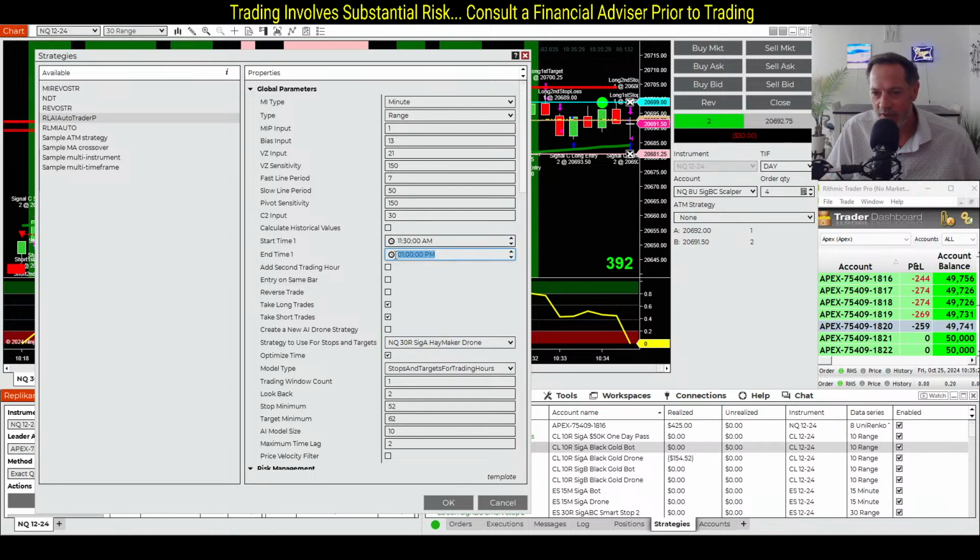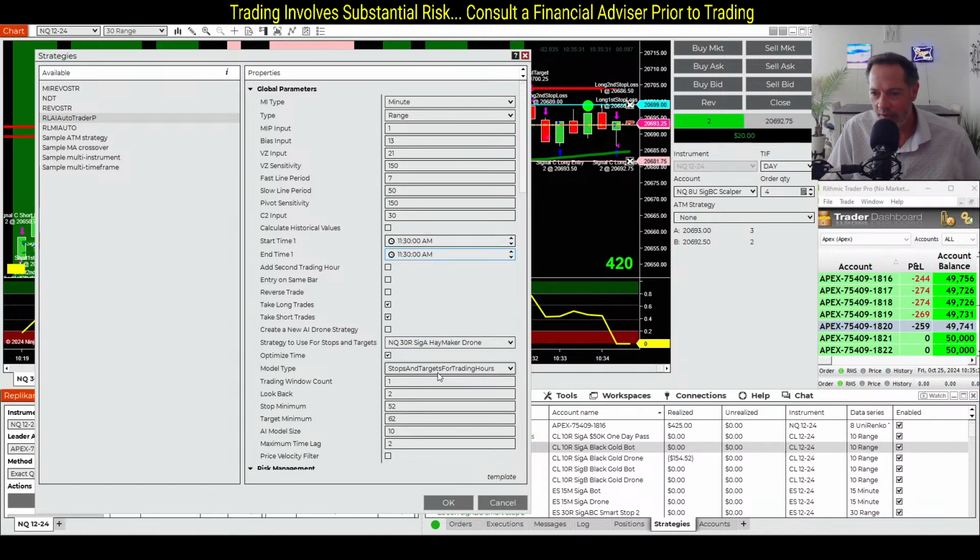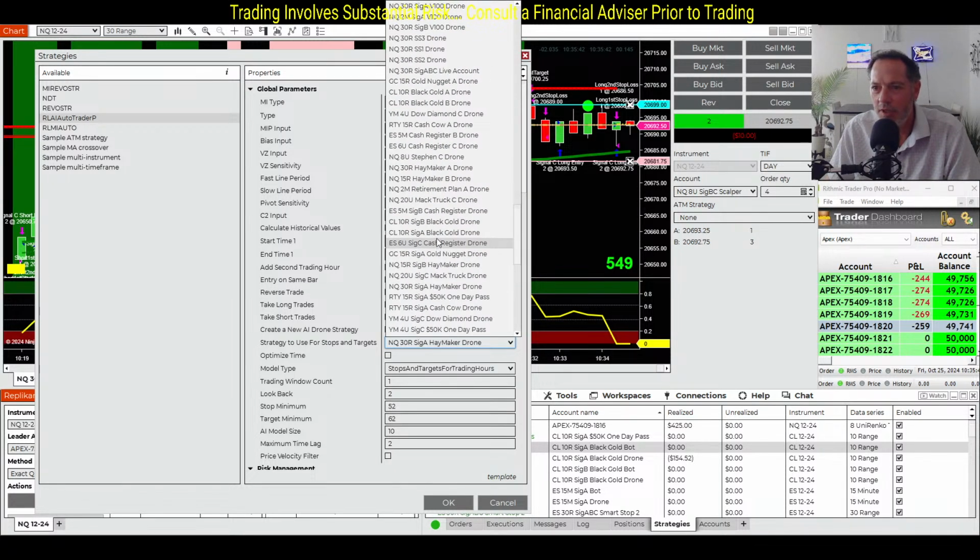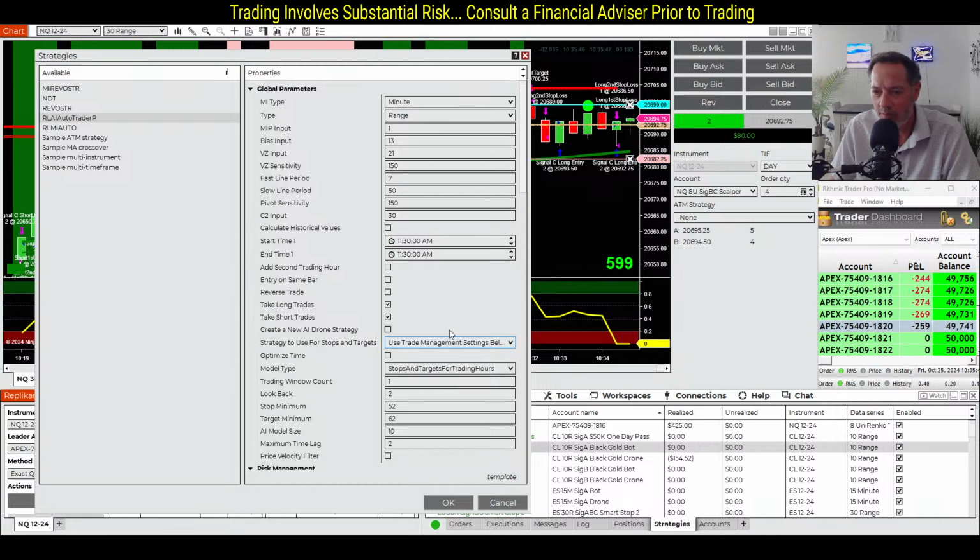So we're using AI to overwrite these times when you pick down here that you want to have it optimize the time. Order submitted. Right here. We want to make sure that we change this to use the trade management settings so it doesn't reset the time for us.